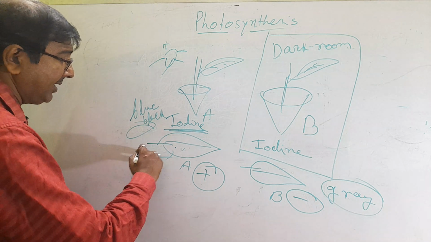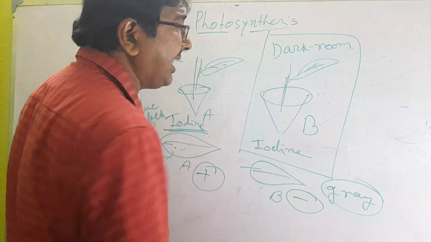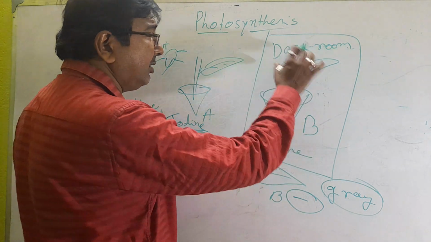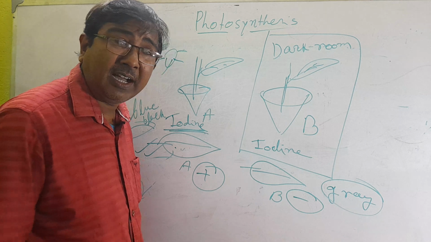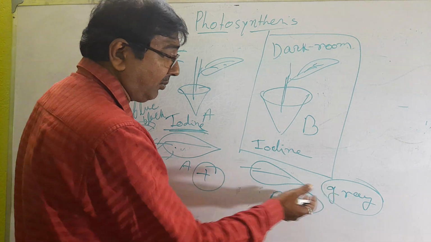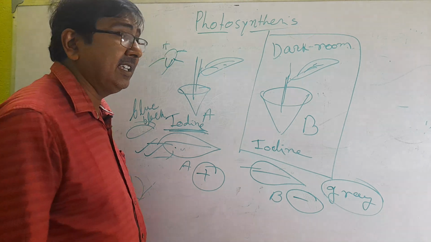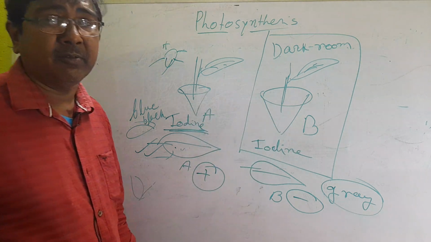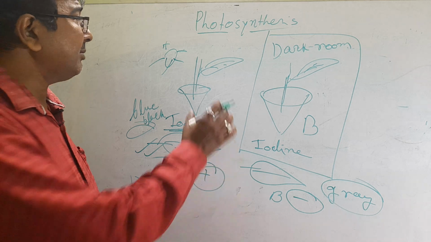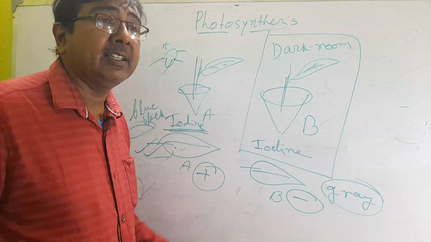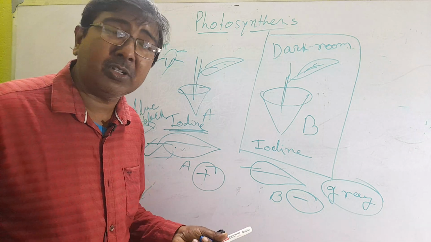So in this leaf photosynthesis occurred. But this leaf was placed in a dark room, so no photosynthesis occurred, so it did not produce glucose or starch. That's why the starch test is negative and this is gray in color. This type of question will come. Okay. Another, what is the aim of this experiment? Aim: sunlight is needed for photosynthesis.